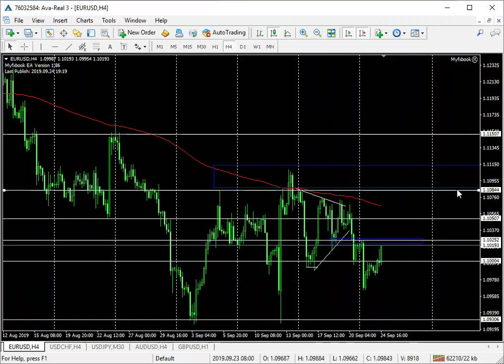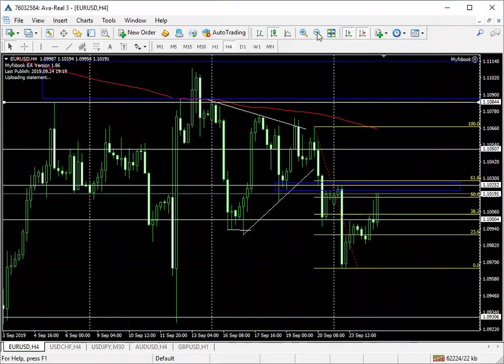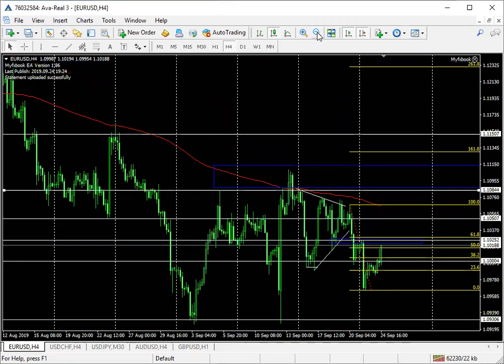And if we look at this swing high over here through to the swing low, boom, we have our 62% Fibonacci retracement. So we have a lot of things coming in around that area to give us a hint that there is a probability that the market will turn around that area.